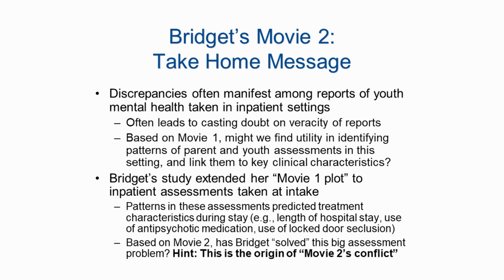And here's the funny thing about this. In Bridget's second movie, what we find is, so you can find structure in these discrepant reports, in these school-based assessments, but can this really work in an inpatient sample? I mean, these assessments are notorious for being unreliable, not valid.